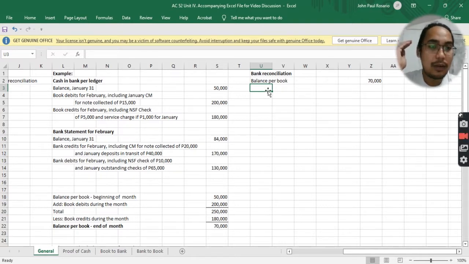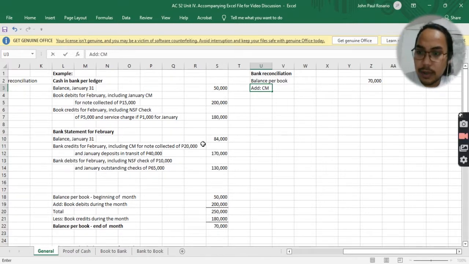Let's look for book reconciling items, which include credit memos, debit memos, and book errors. In this case, there are no book errors, so let's just concentrate on credit memos and debit memos, which we can see in the bank statement figures. And then we add our credit memos.